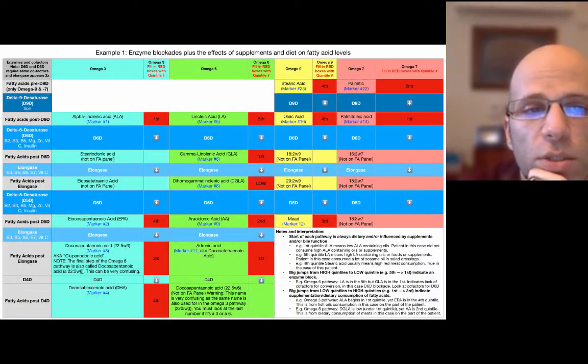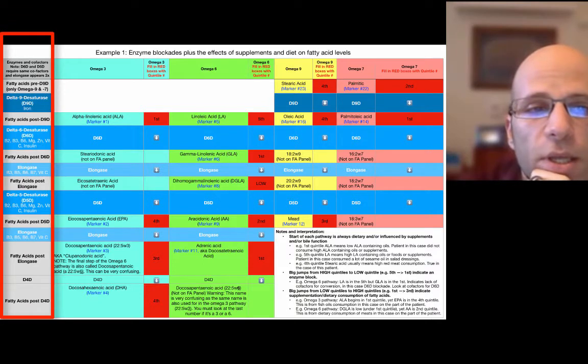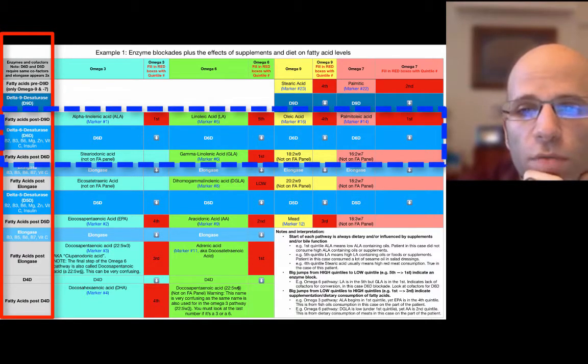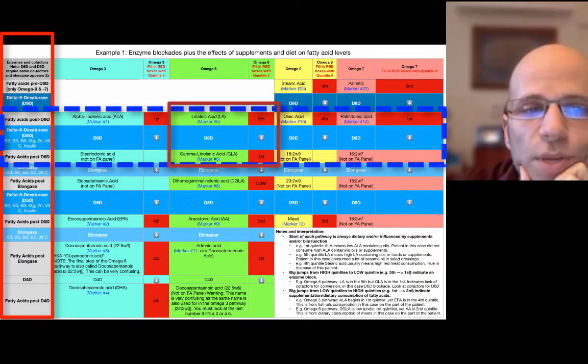So what I've done here is I've shown on this left-hand column, delta 6 desaturase is the common enzyme across all of these fatty acid progressions. So if you see more than a 2 quintile difference, like this is fifth to a first, that's a 4 quintile difference, you know that you need to supplement with high-dose B vitamins, magnesium, zinc, and vitamin C.